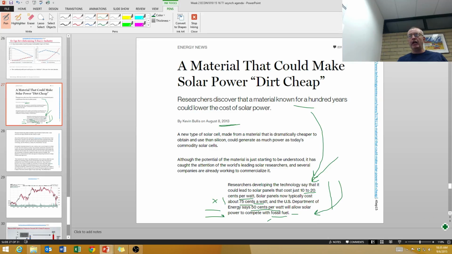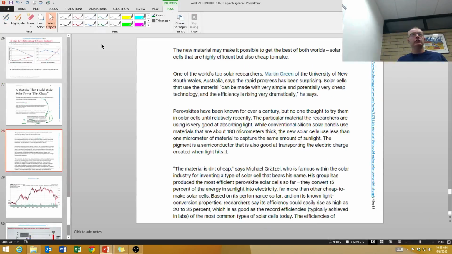So what we would expect to happen here, due to this change in technology, is that the supply curve for solar power will increase in future years.